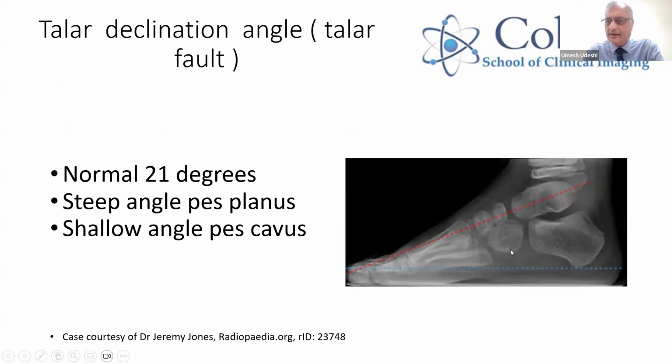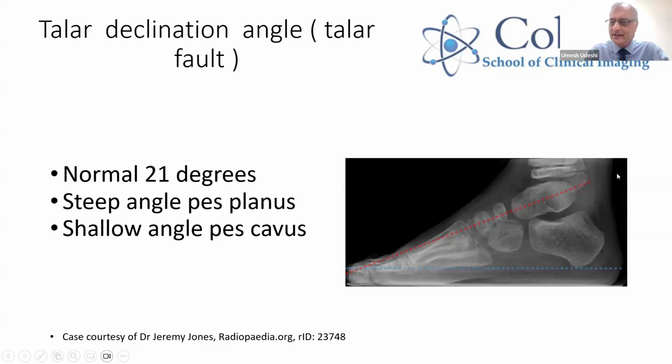On plain radiographs, which have to be weight bearing, that's the best way to assess flat foot or pes cavus, but we can get an indication on MRI because although the patients are not weight bearing, they are positioned so that the foot should be at 90 degrees to the lower leg. So if they've been properly positioned, if they can assume that position, then we do get some clues as to whether we've got anything like that.